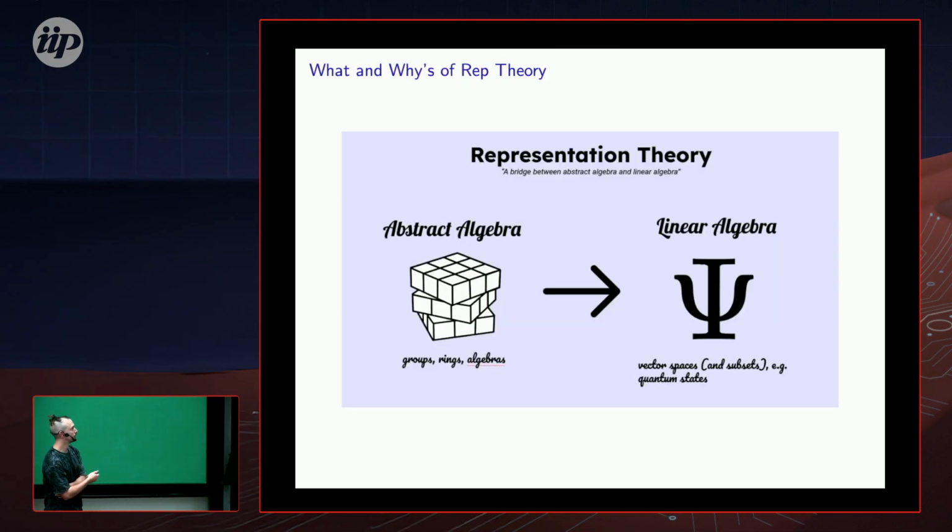So this is the introduction to representation theory, which is a bridge between these algebraic structures and vector spaces and linear operators. In a sense, it's an embedding of these structures.